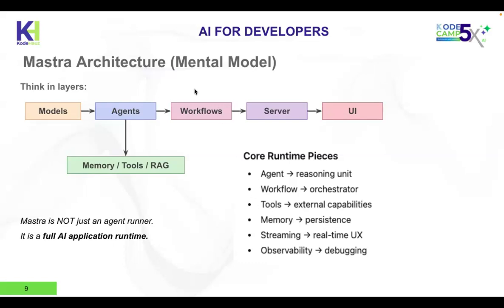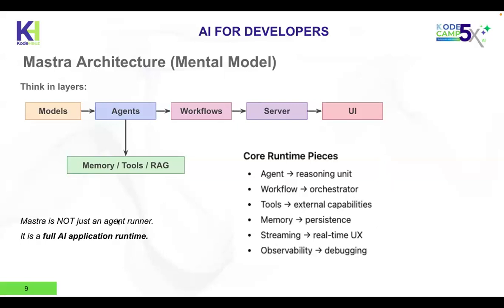The workflow allows you to orchestrate. Then you have memory, which allows for persistence. And then you have tools. We already know tool calls give the agents capability to do things outside of themselves. Then they've added a server, which we're going to talk about, and then observability, and then streaming. Streaming is really powerful.